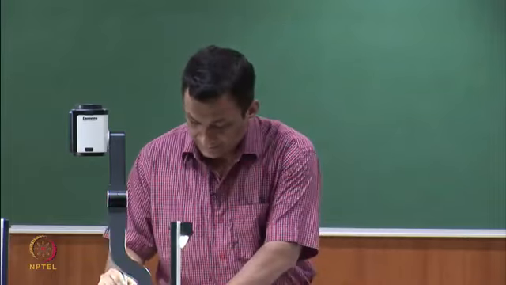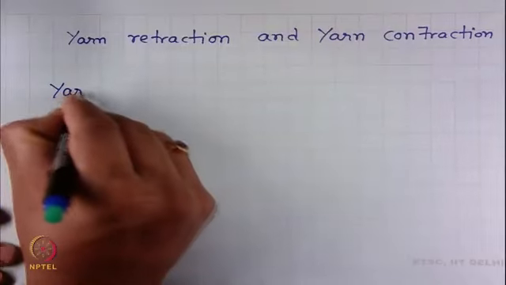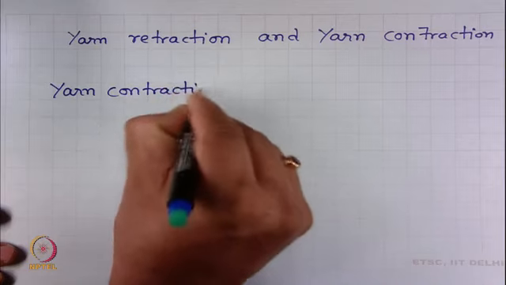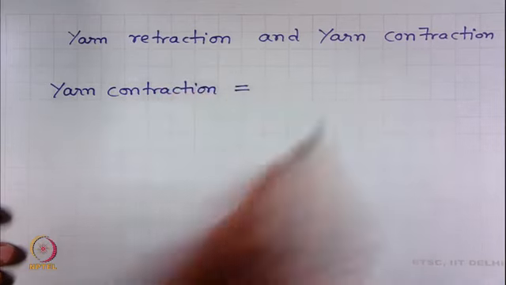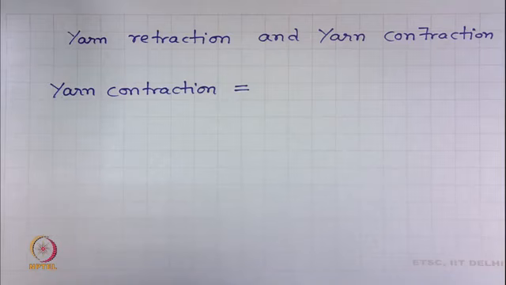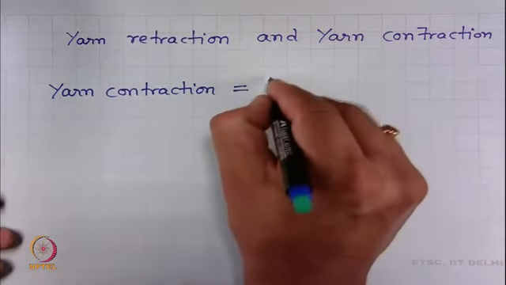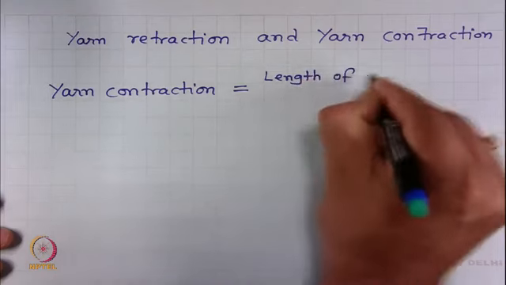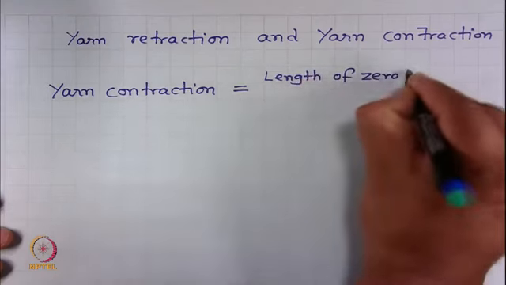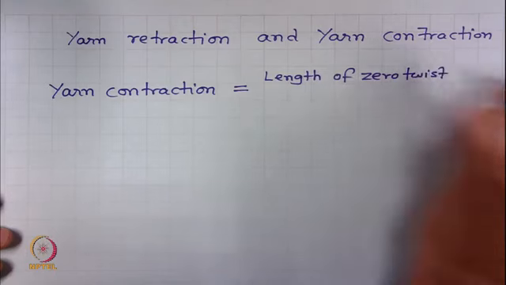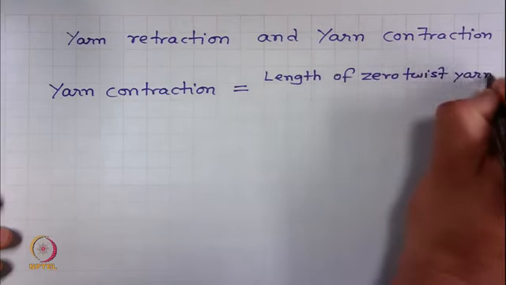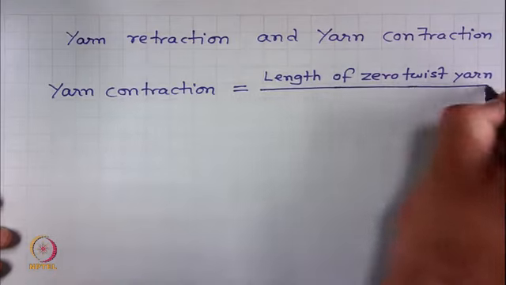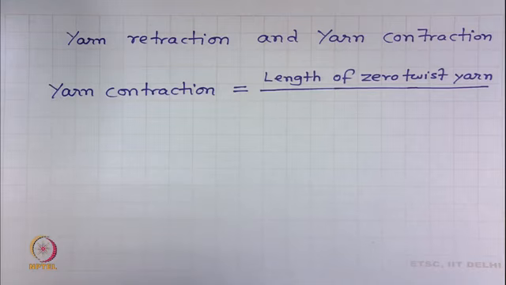Yarn contraction is defined by the length of zero twist yarn by the length of twisted yarn.